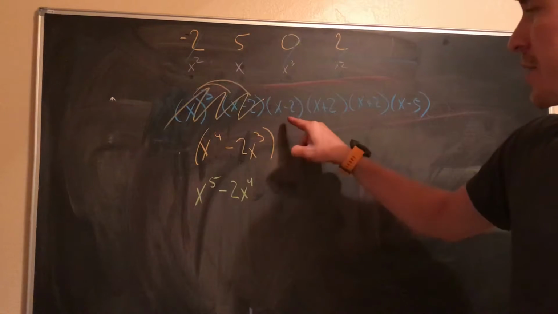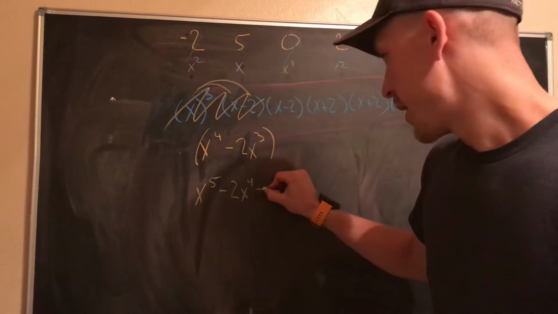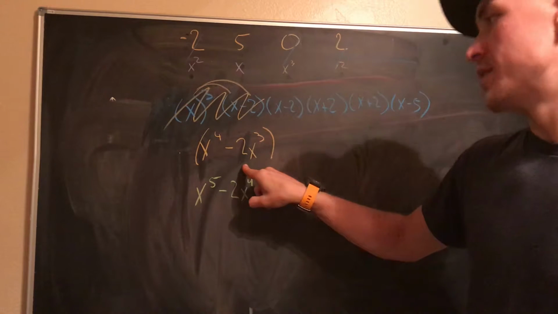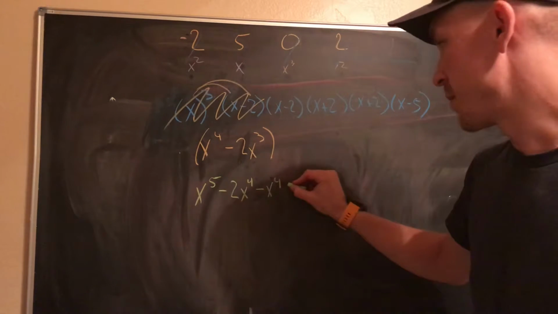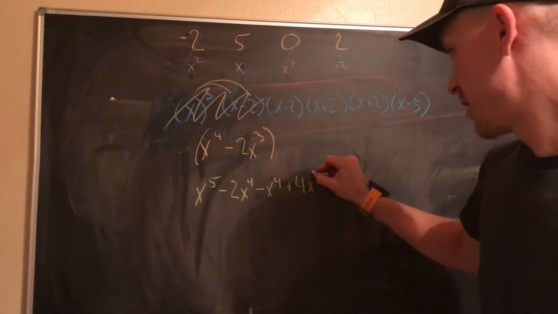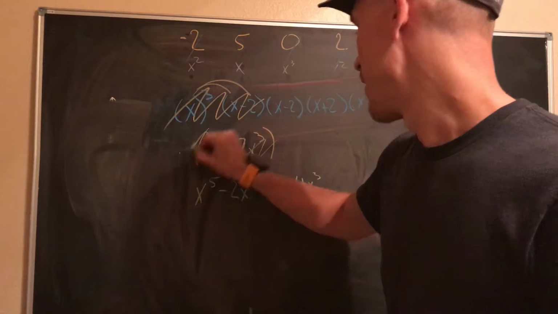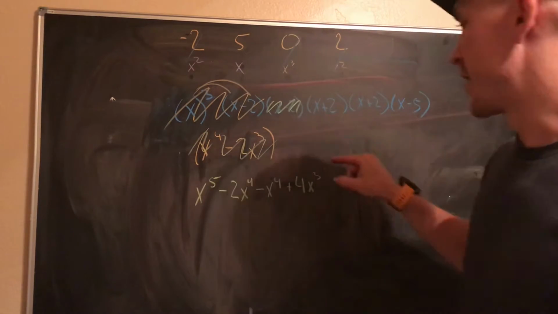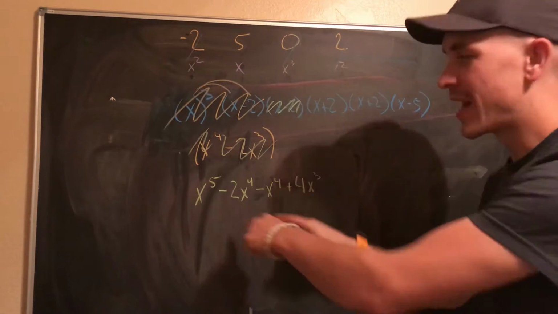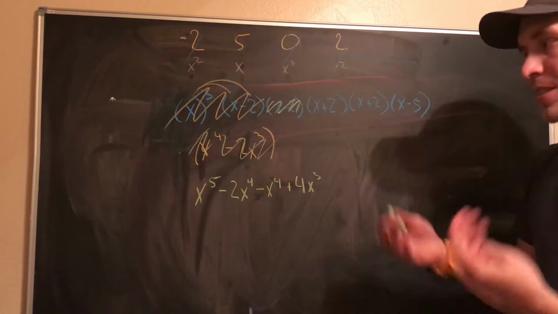Now we do the -2. -2 times x to the 4th is minus x to the 4th, and -2 times -2x to the 3rd gives me plus 4x to the 3rd. Now we're done with that one. Then I take this and multiply it by that. It just keeps getting bigger, and you're going to have like terms to combine. It's going to be a bit of work, and that's just the way it is.